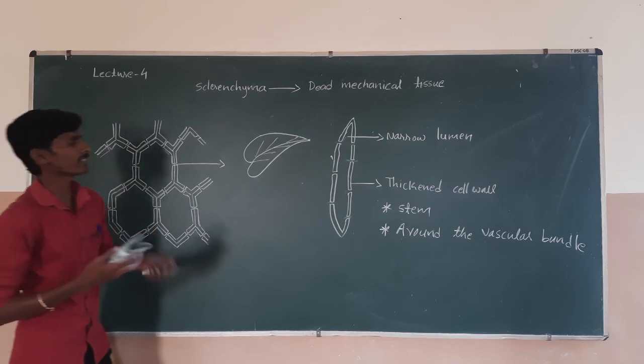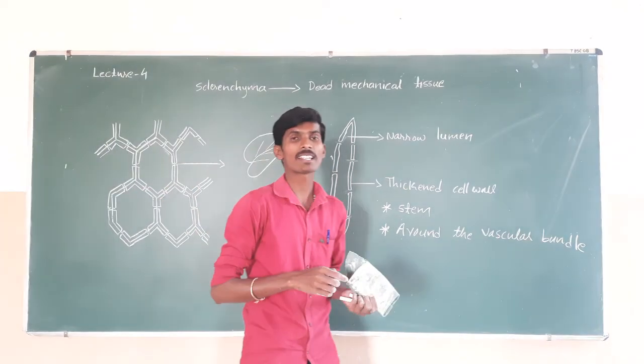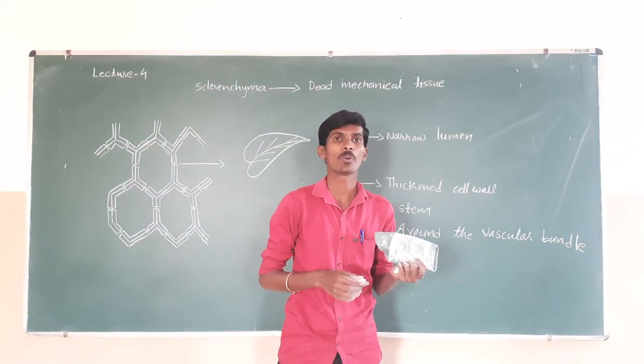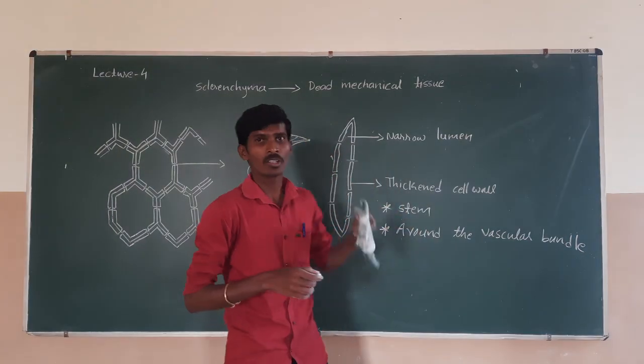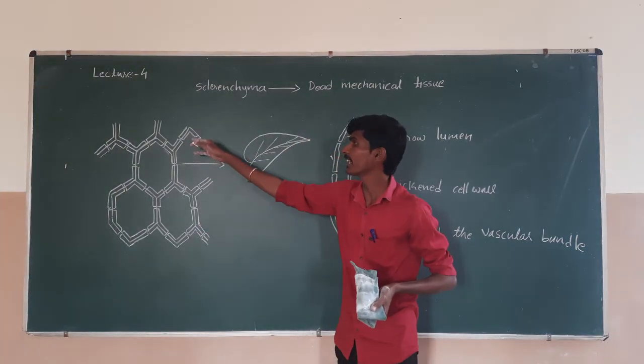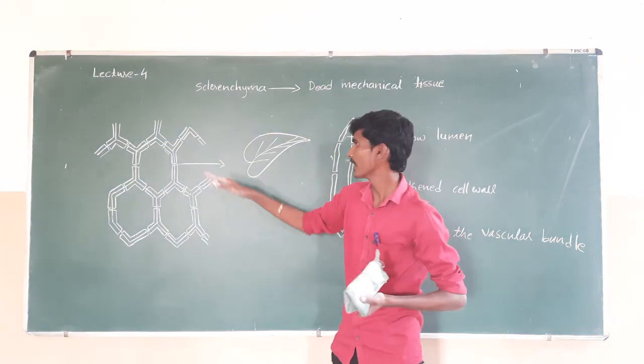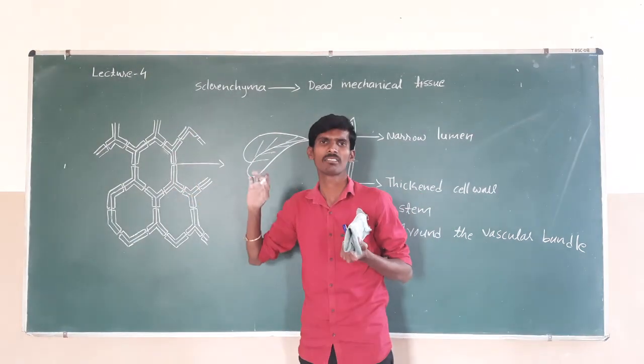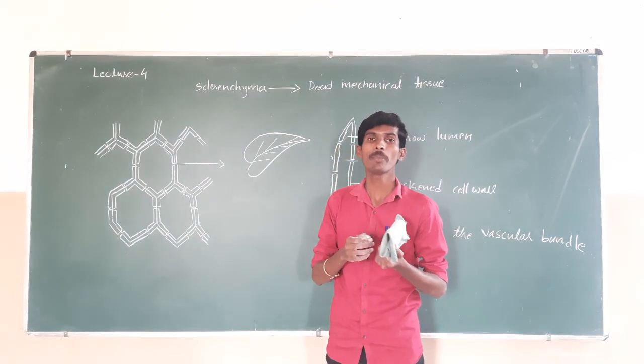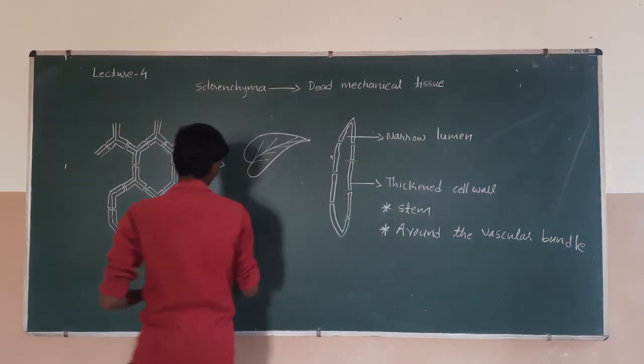The shape of the sclerenchyma is long and narrow. The cell walls are very thickened because of the deposition of lignin.